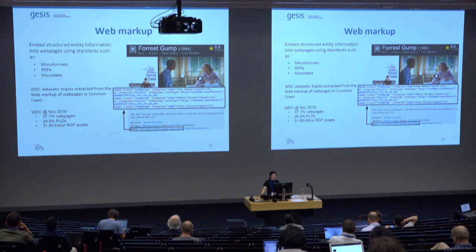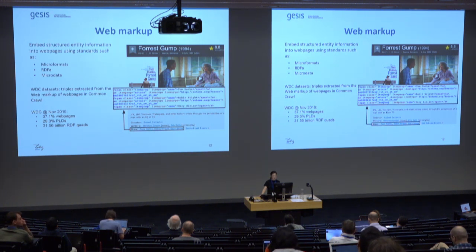For instance, you can see from the source code that Tom Hanks is the value of the property name, which is a fact about an entity of type person, and this person is the actor of the movie Forrest Gump.